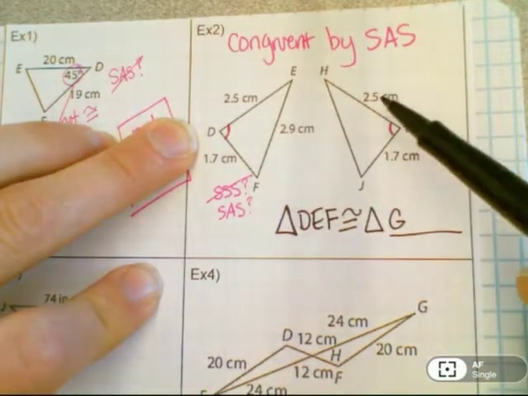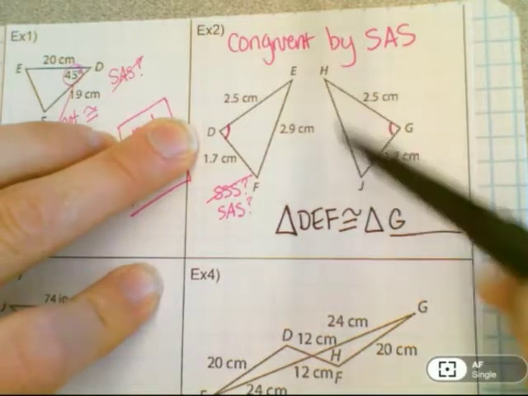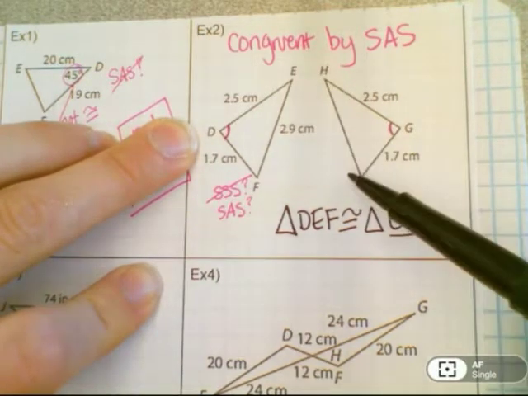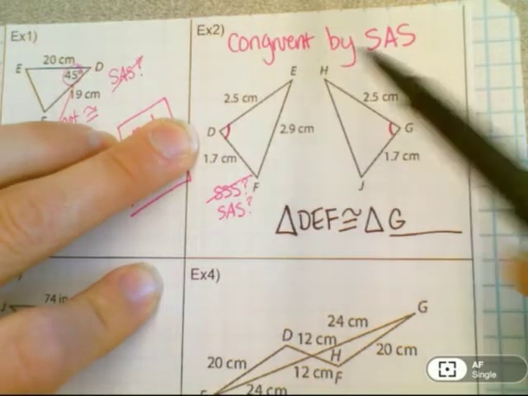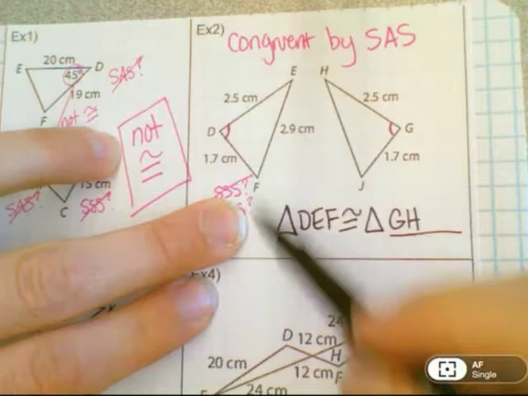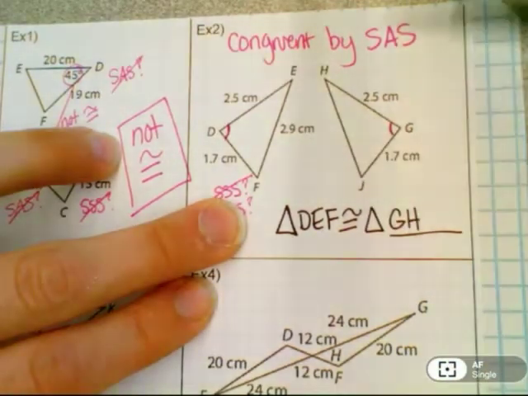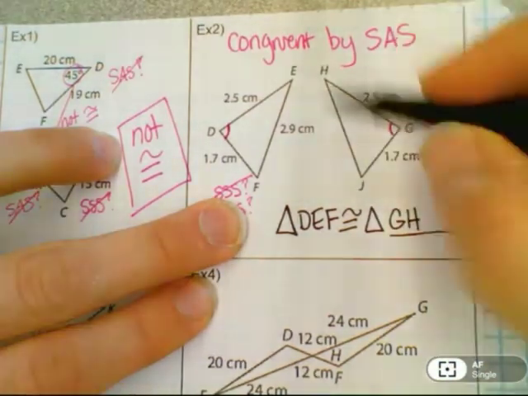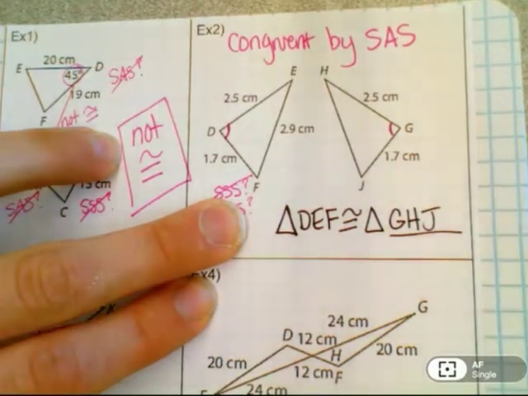So I'm going to look over here, 2.5, this one must be 2.9, right? Because it's not marked with anything. And so E corresponds with H. F is between 1.7 and 2.9, and J is between 1.7 and 2.9. So that would be J.